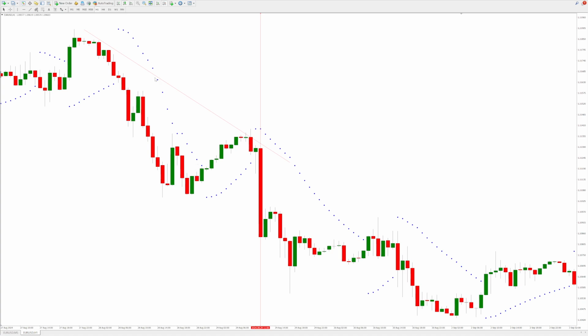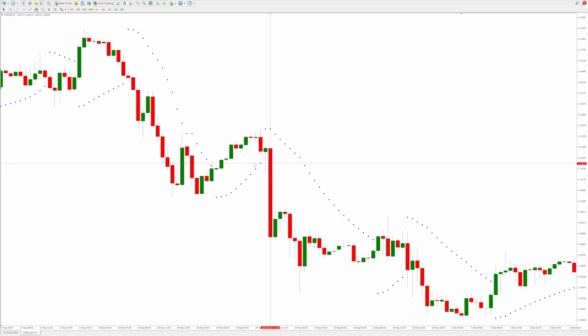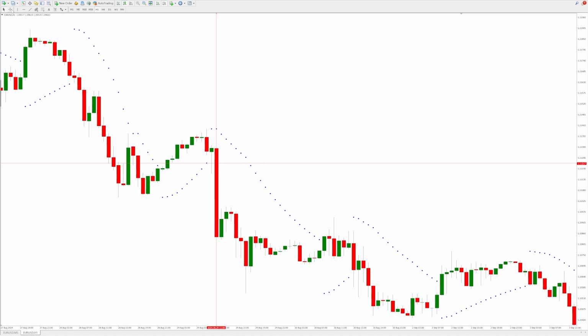So remember, we're waiting for the trend to form, the pullback, the dot going on the other side, and then we're going to look to trade an entry on the breakout. So if we just mark the dot there, we're going to trade on this breakout in the direction of the trend using the Parabolic SAR.